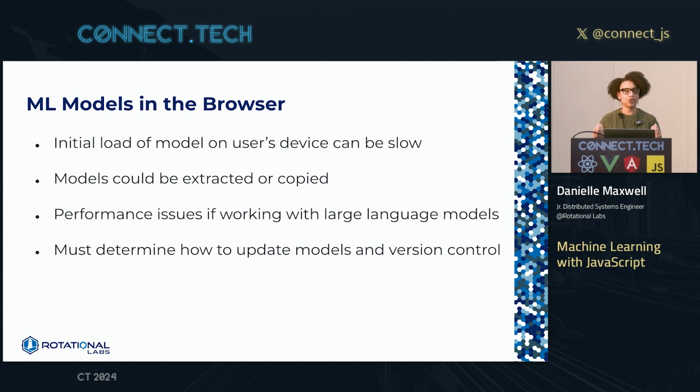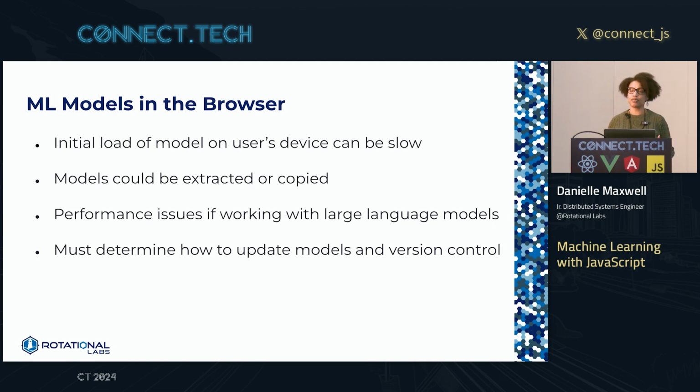Also, a model could be copied or extracted if it's in the browser. So that's something to think about, if you create a model and the intent is for it to be used on device.